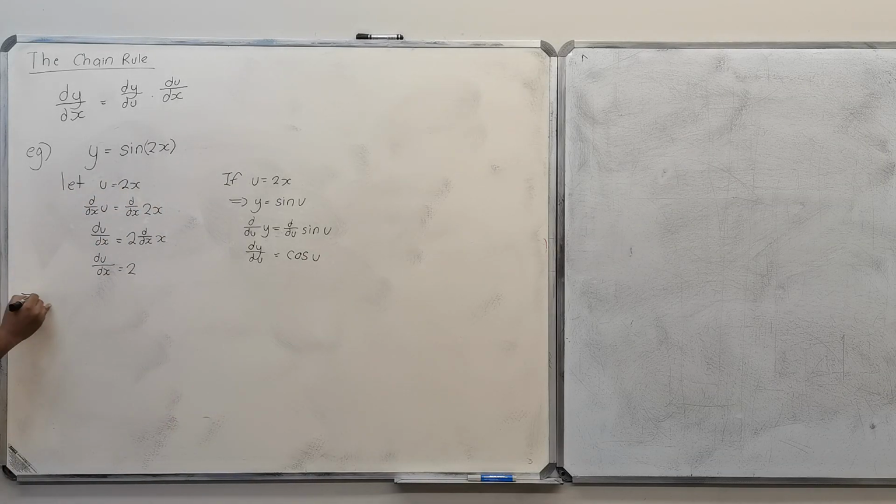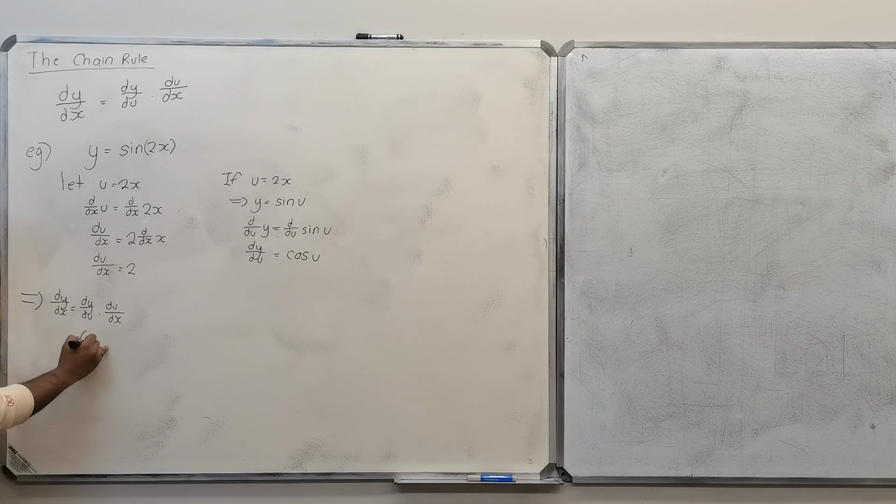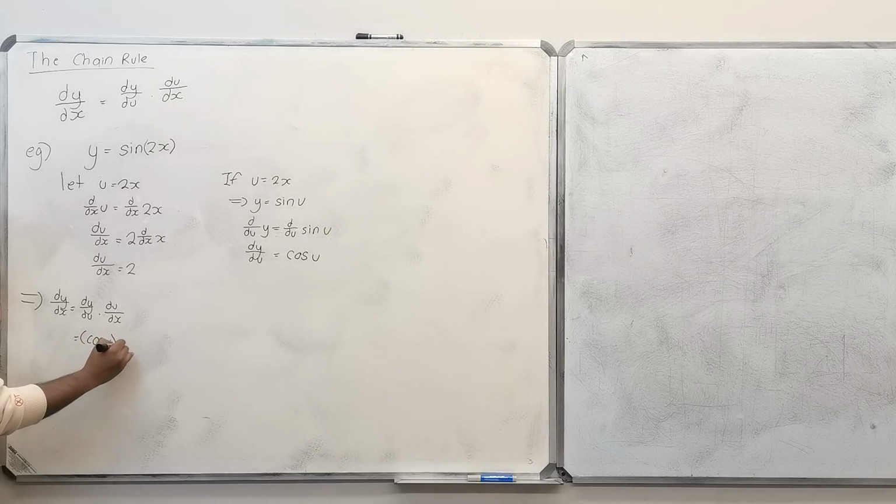So now you apply your chain rule. Your chain rule says that dy over dx is equal to dy over du times du over dx. dy over du is cos of u, times du over dx, which is 2.